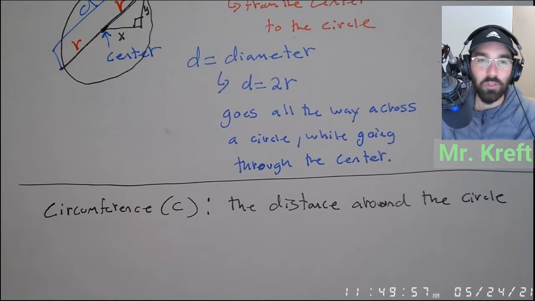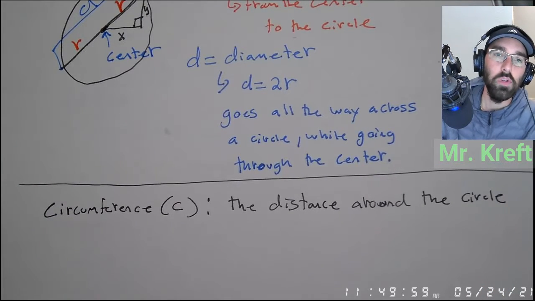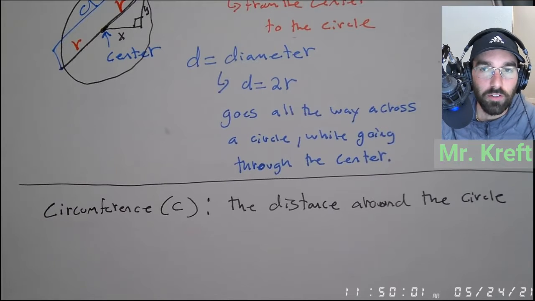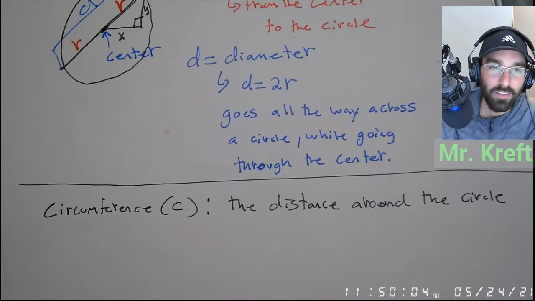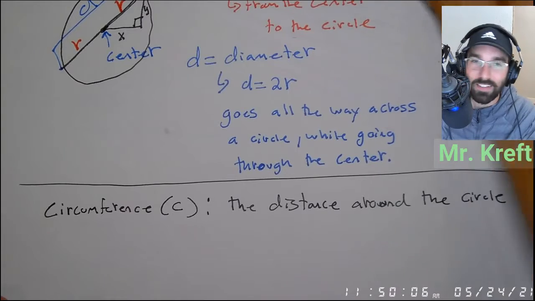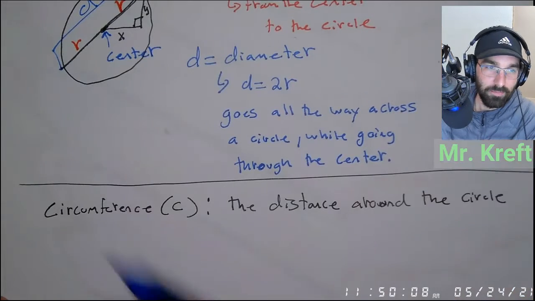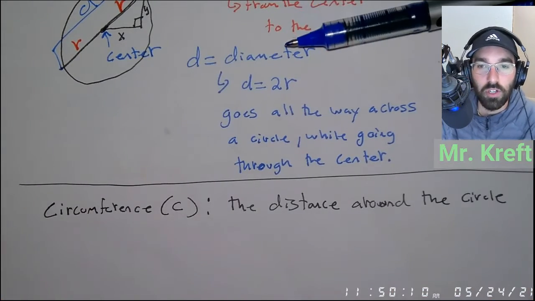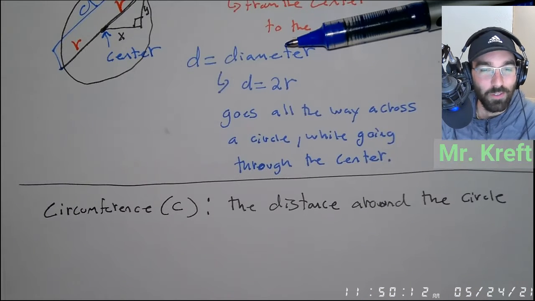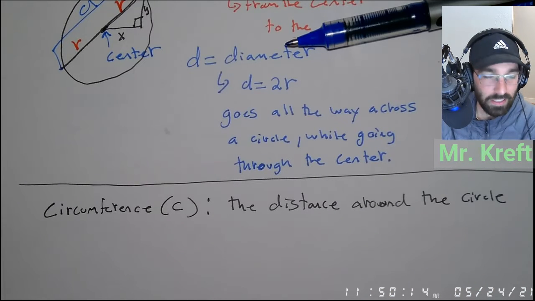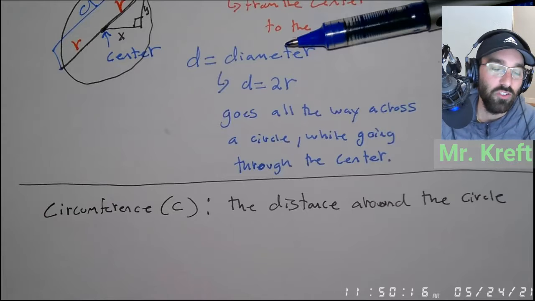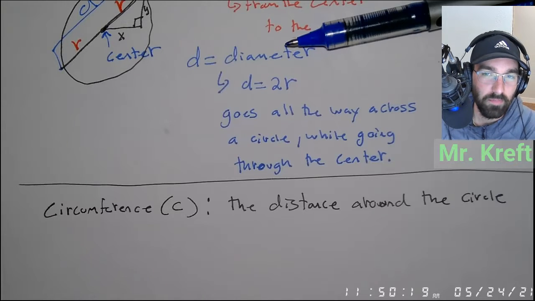Now, math can always be confusing with words, but a circle is so important in the history of mathematics that it gets its special name. But circumference is basically just perimeter. You can add that to your notes. I'm not going to because in the past that's confused some people, but circumference is just perimeter for circles.